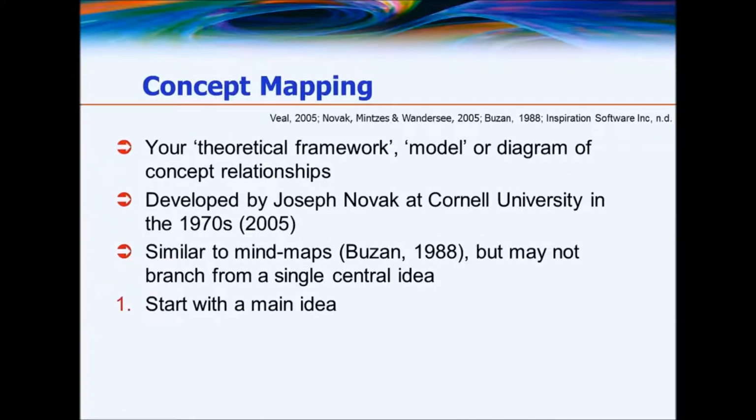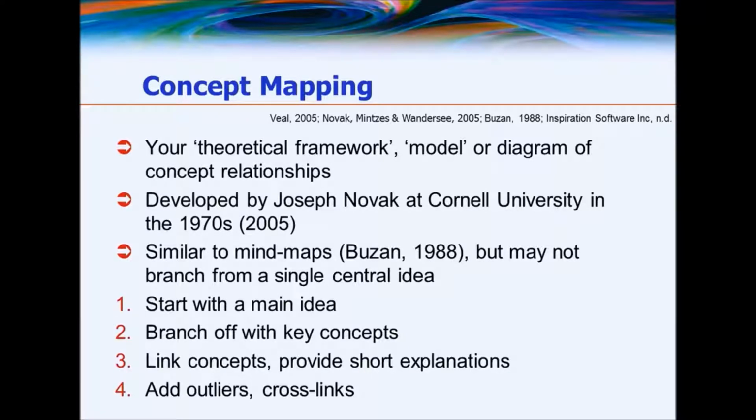How you do it: you start with your main idea, you branch off with key concepts, you add in the extra concepts that are related, you link them, you provide short explanations in the links between the ideas, and then lastly you add the outliers and put cross links between the various topics.